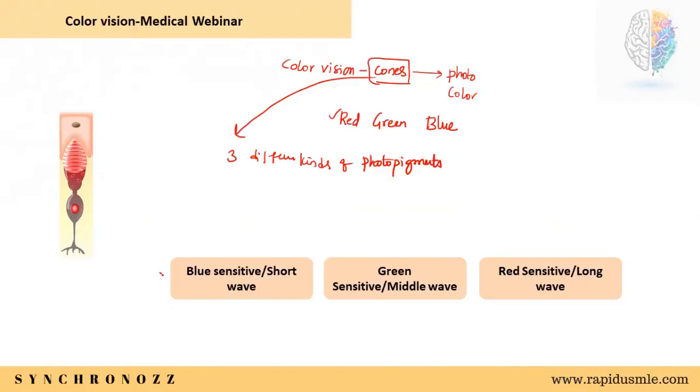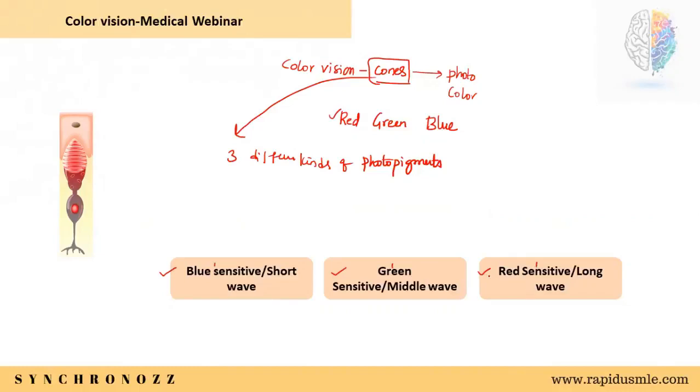One pigment is blue sensitive, also known as short wave pigment. The second type is green sensitive or middle wave pigment, and the third variety is red sensitive or long wave pigment. Let me repeat it again: one is blue sensitive, other is green sensitive, and the third is red sensitive pigment.